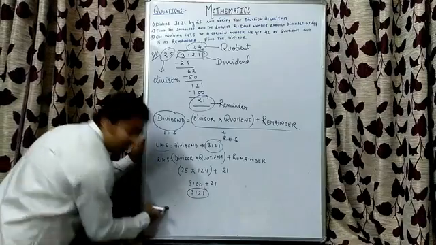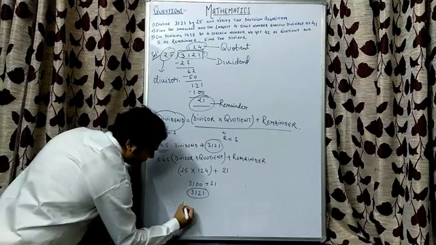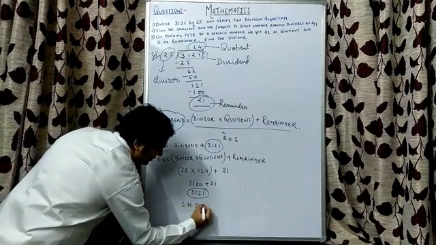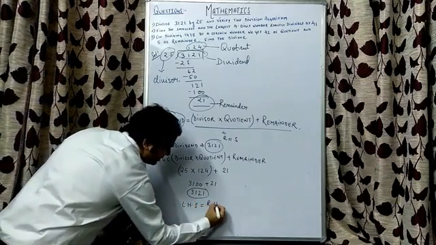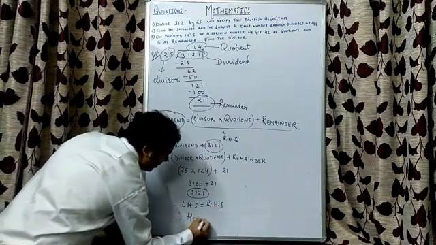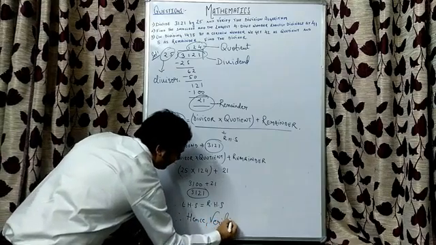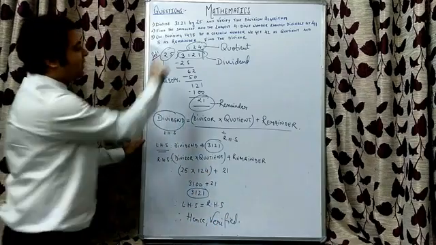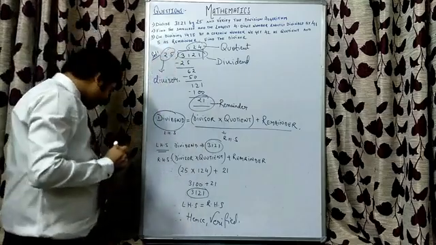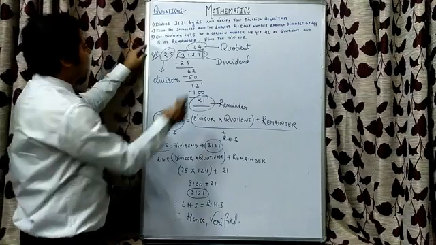Since this is the symbol for since, opposite of therefore, since LHS is equal to RHS, therefore, hence verified. Right? So we have solved both the parts of the question. Next we will be doing question number 2.